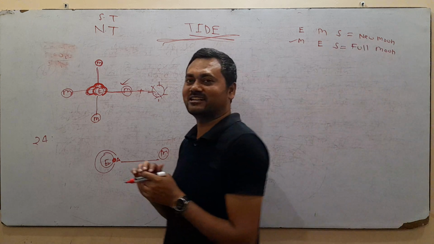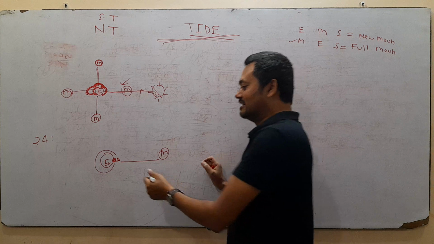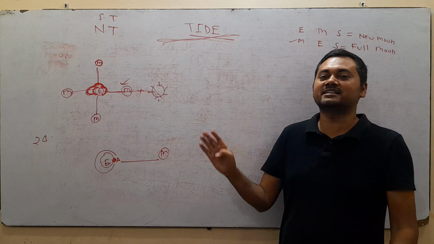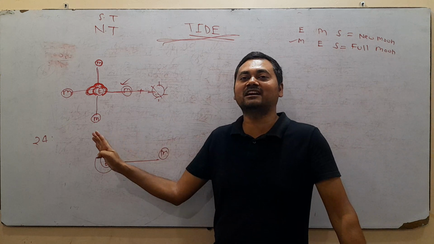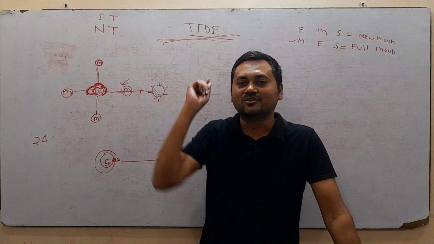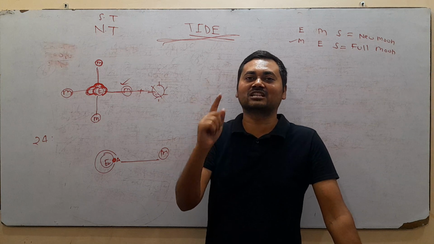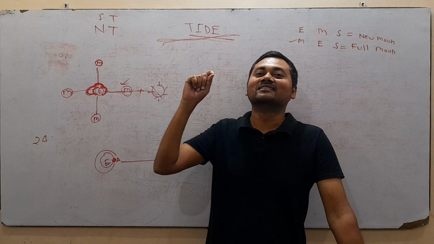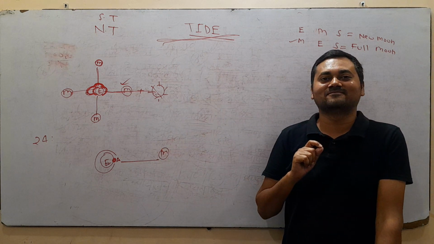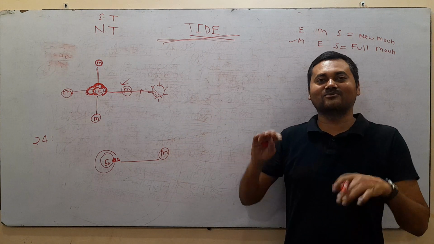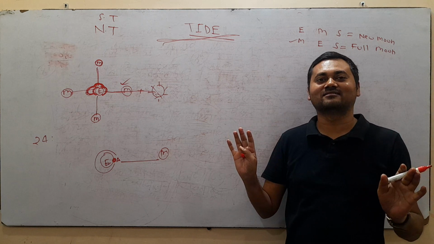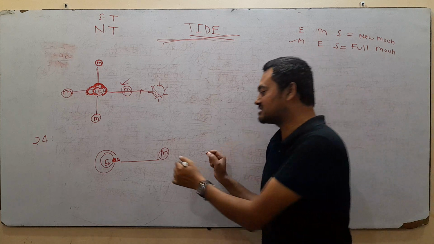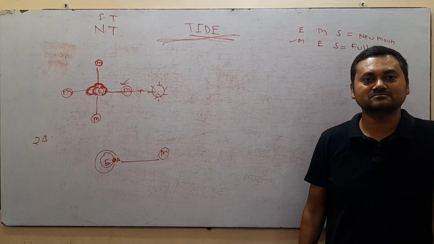This is the most technical point here, because in 24 hours, the time period required by the earth to complete one rotation, in that 24 hours, what will the moon be doing? I mean, what? The moon will be doing a moonwalk. The moon will also cover a certain distance, as the moon is not stationary.